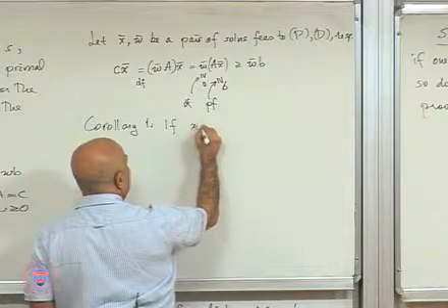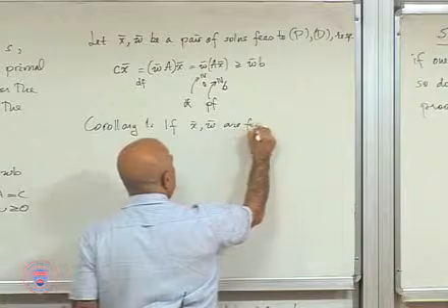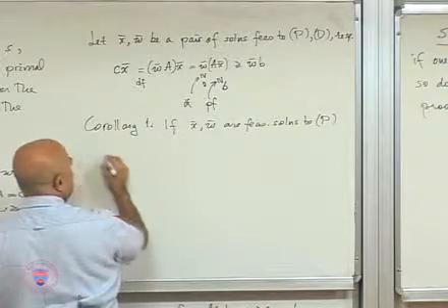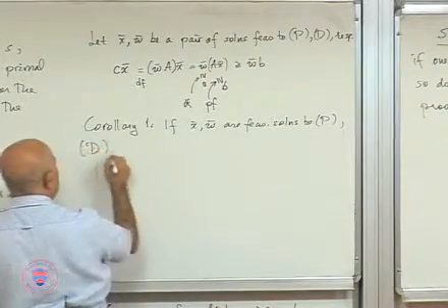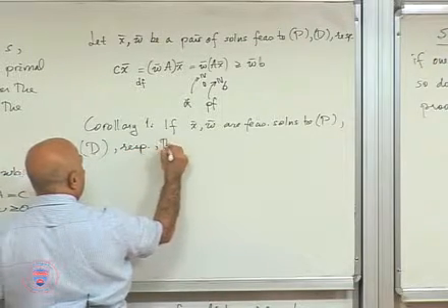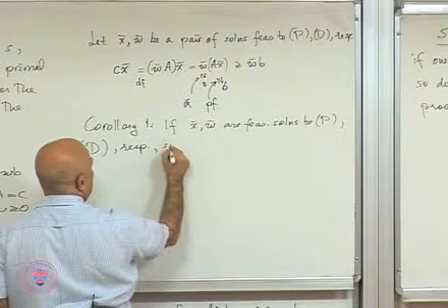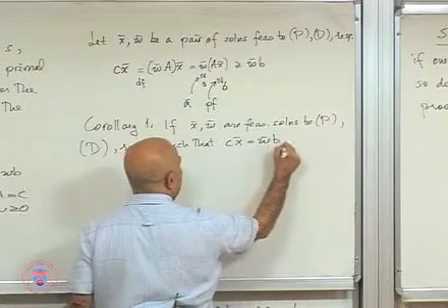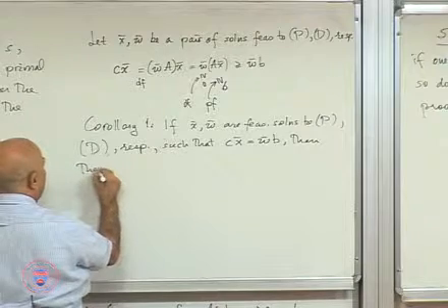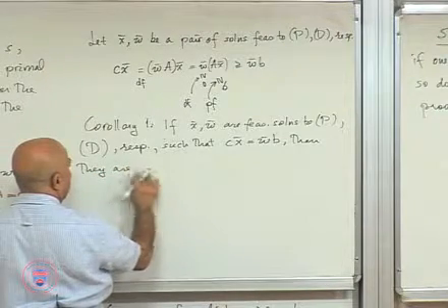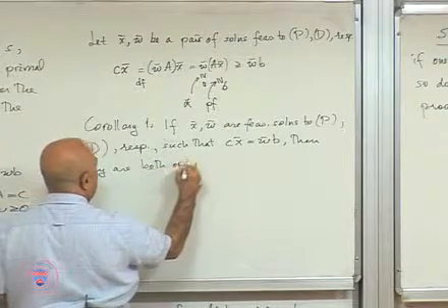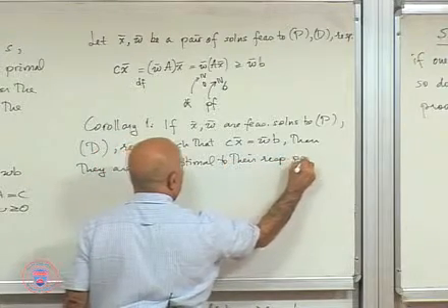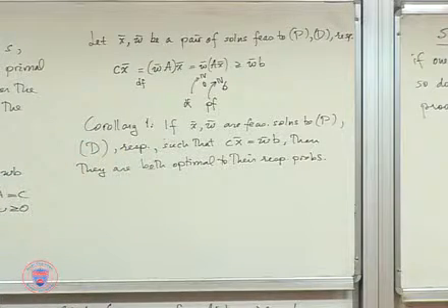If x bar, w bar are feasible solutions to P and D respectively, primal and dual respectively, such that their objective values are equal, then they are both optimal. They're both optimal to their respective problems.